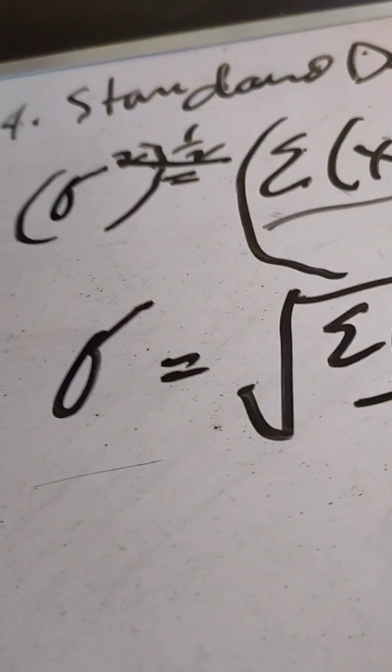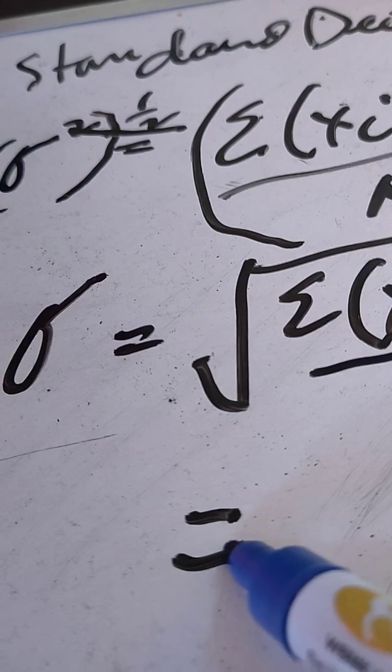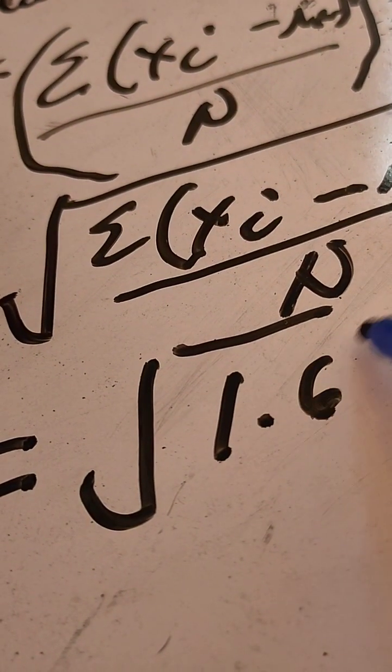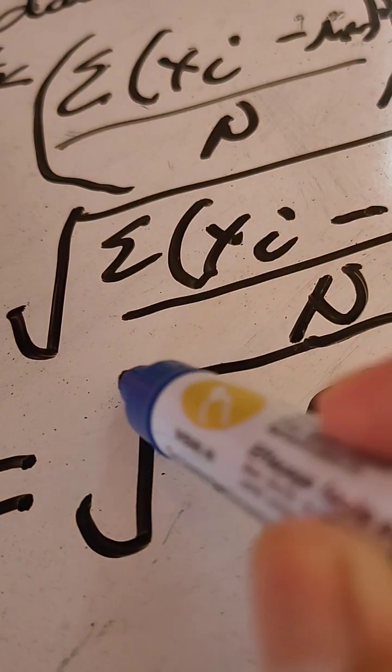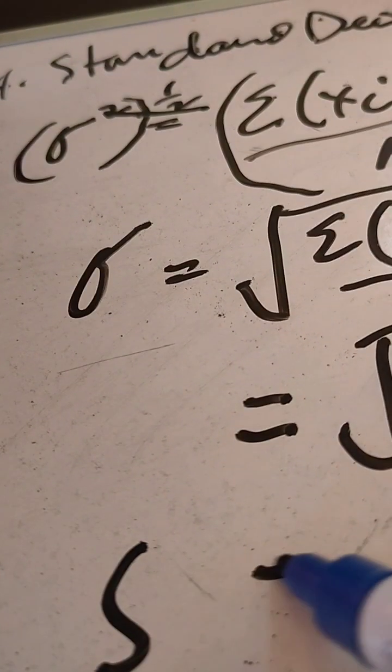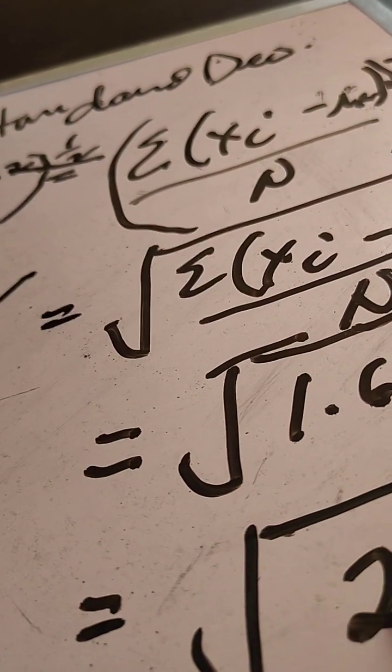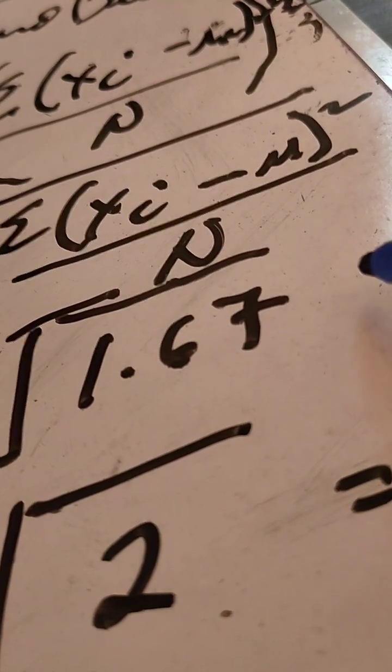So in other words, we simply get the square root of 1.67 as solved in our variance. Likewise, in our sample standard deviation, s is equal to the square root of 2. So get the square root of 2.